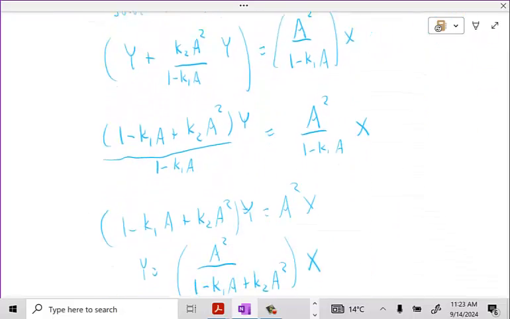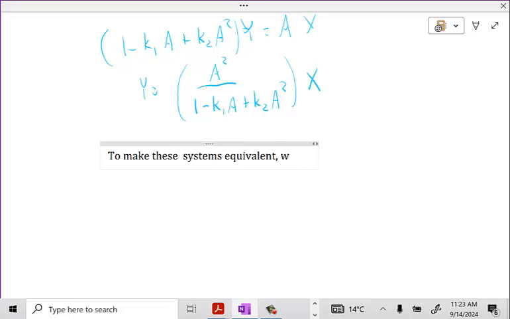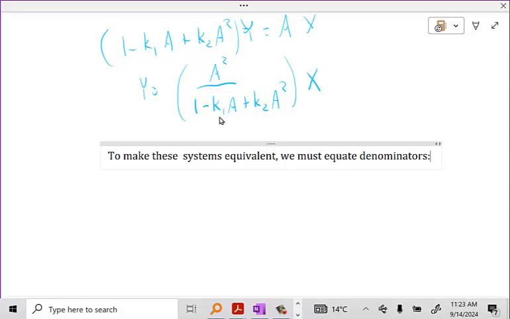So to make these two systems equivalent, we must equate the denominators.